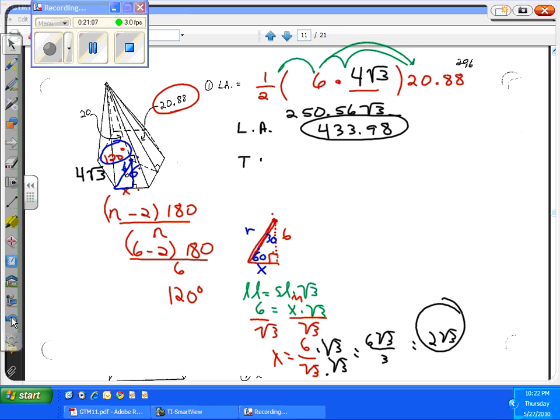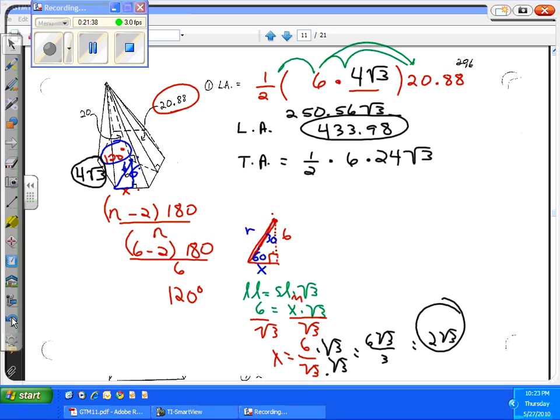And so the total area, a pyramid only has one base or one bottom. So it's going to be the area of the bottom plus the lateral area. Now the bottom is a regular polygon. So we're going to go 1/2 the apothem 6 times the perimeter, which was 6 sides at 4 square roots of 3 apiece.